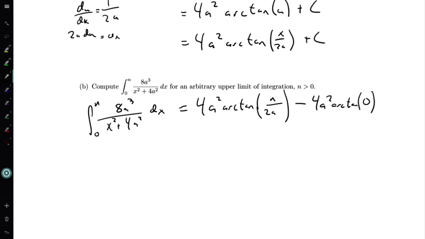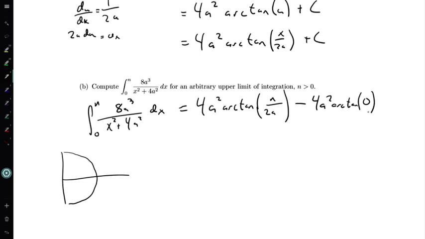So maybe we want to take a moment to think about what arctangent of 0 is. Again, arctangent is going to spit out some angle between minus pi over 2 and positive pi over 2. Arctangent also takes as input the slope corresponding to a given angle.